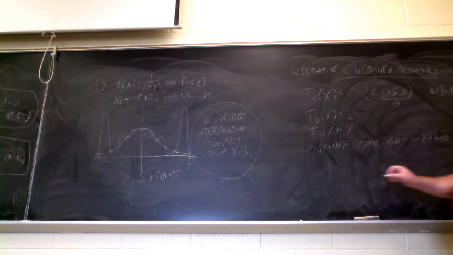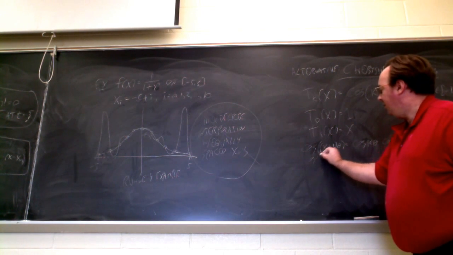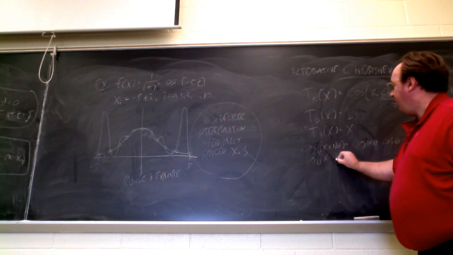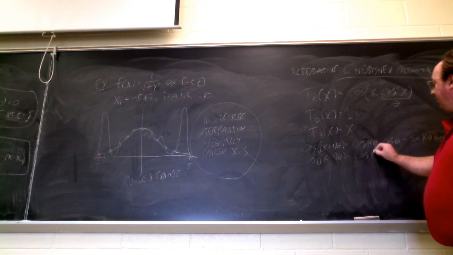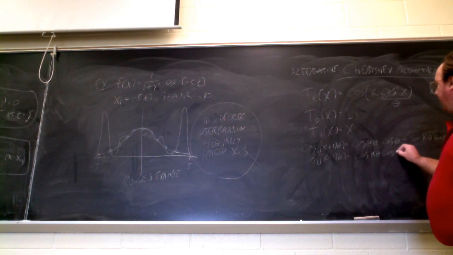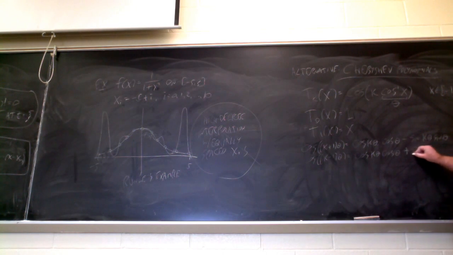And then I could do the same thing with cosine of k minus 1 theta. That's going to be cosine k theta cosine theta plus sine k theta sine theta.